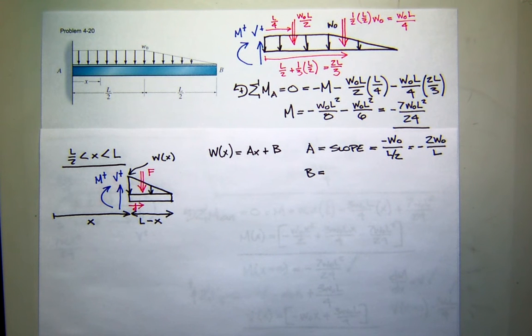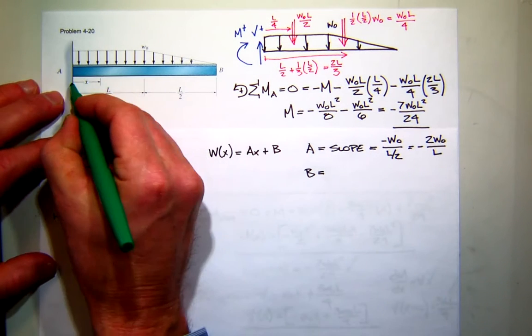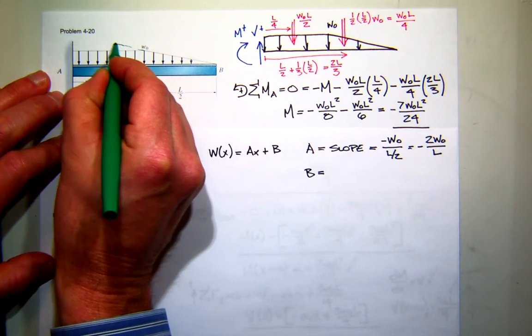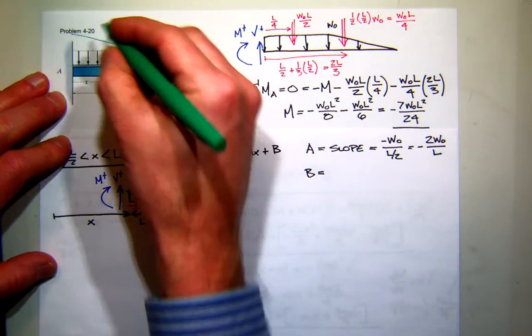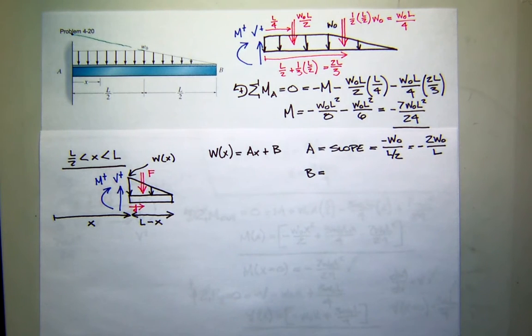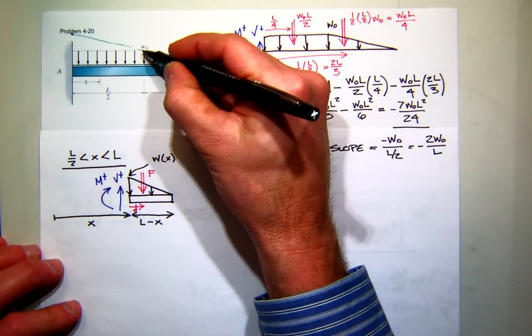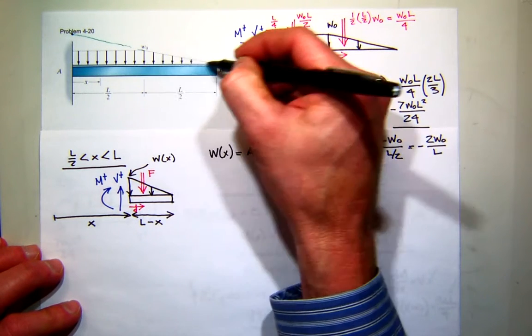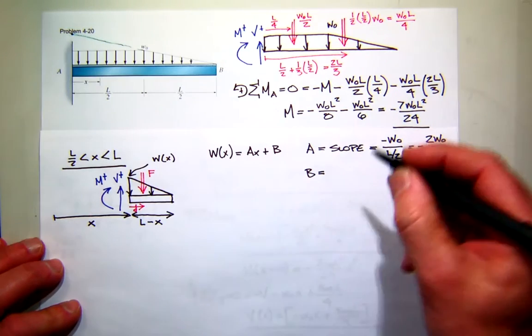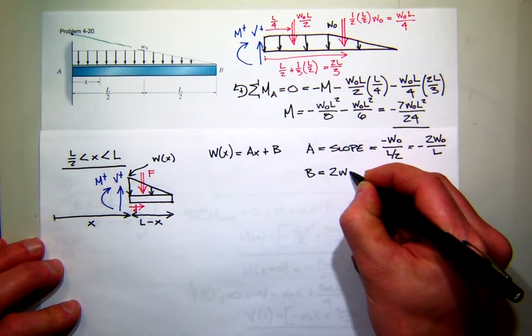So what is the y-intercept? Well, remember the way we're doing x, since x starts from here, that intercept would be to project this line all the way back to x equals 0. And what would that be? Well, similar triangles tell you if it's W naught at half the distance, it'll be 2 W naught at the whole distance. So this ought to be 2 W naught.